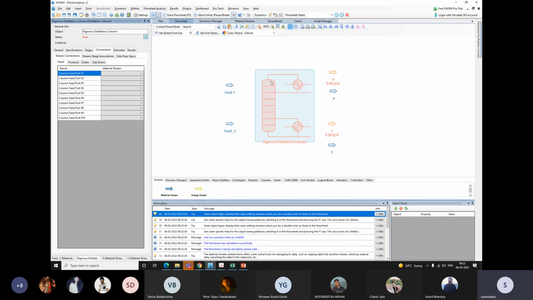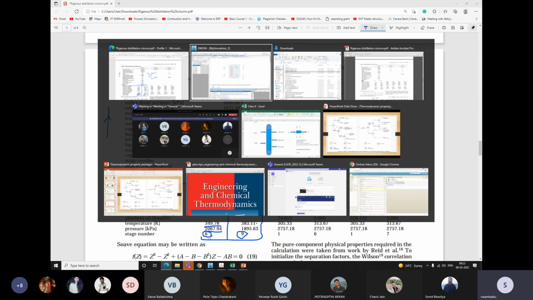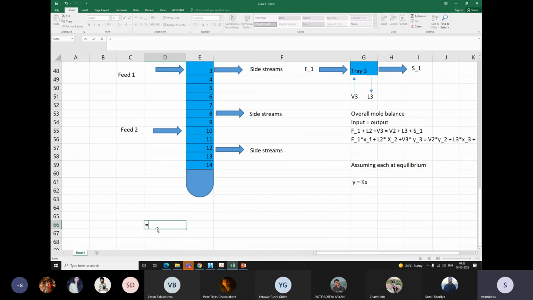Now since we are taking the 16-stage distillation column, roughly we can take the port nearby, that is the feed tray divided by 1.6. The feed tray is 6, so 6 divided by 1.6, around port 3.